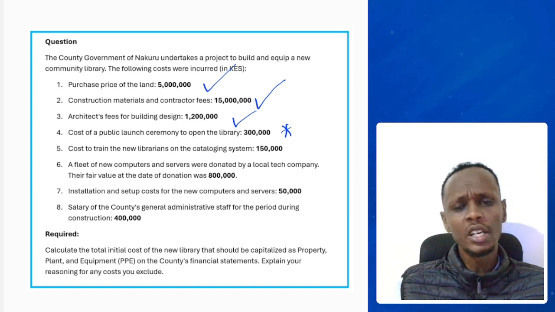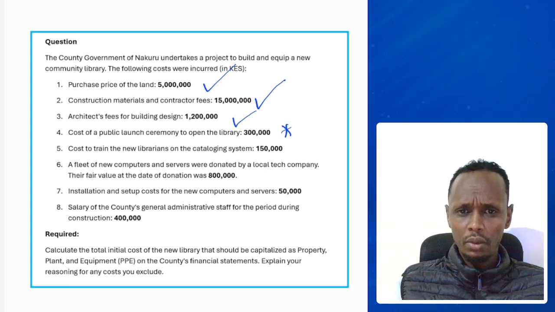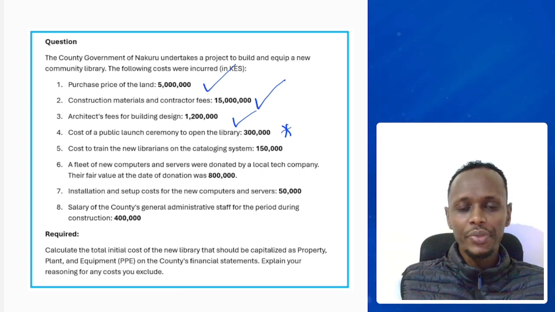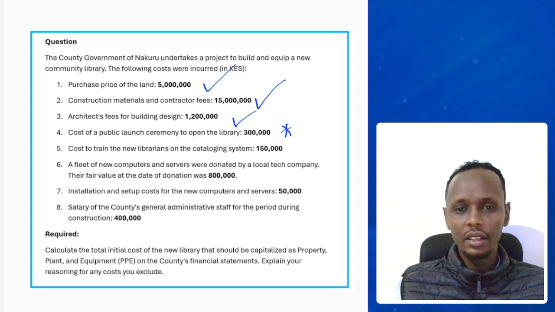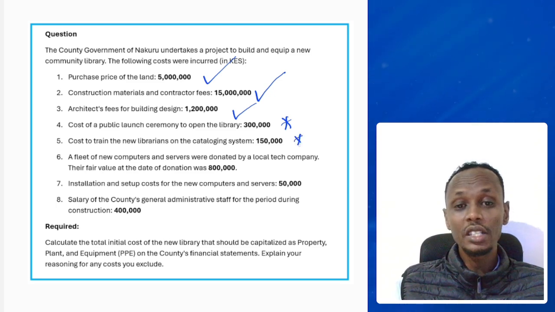Cost to train new librarians: is it forming part of the cost? No, because you train the librarians, and they may leave today or go somewhere else. What if you employ already trained employees? So those are not directly attributable cost. And then a fleet of new computers and servers.